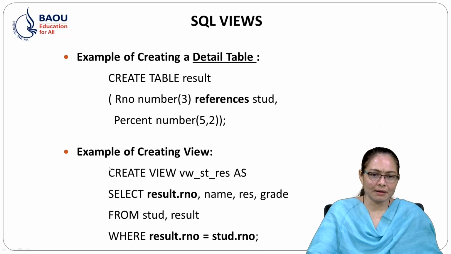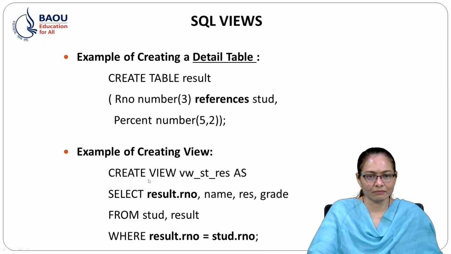See the example: create view, then the view name. After that we can write the join query because we want to fetch data from the student as well as the result table. So this view creates the combined record from student and result.